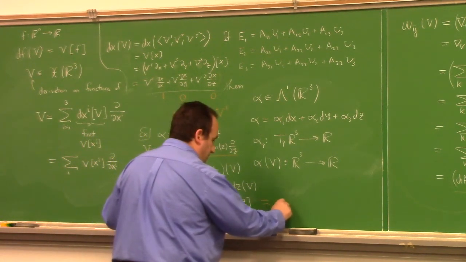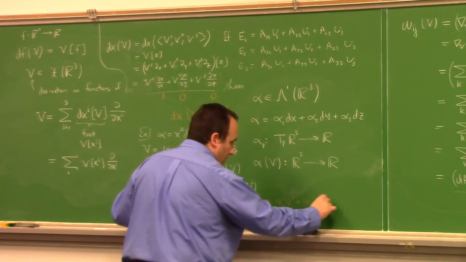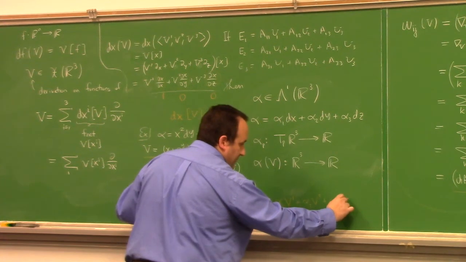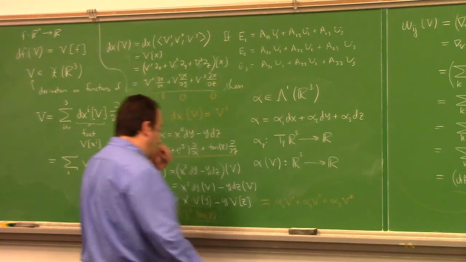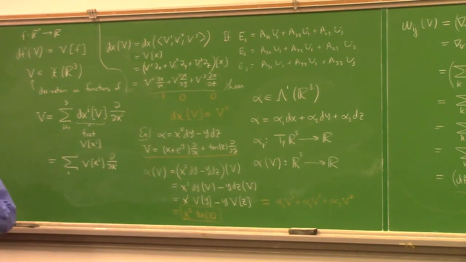It's alpha 1 v1 plus alpha 2 v2 plus alpha 3 v3. So when you take a form and you evaluate it on a vector field, you end up just taking dot products of the components of the form with the components of the vector field. That's what intuitively is going on.